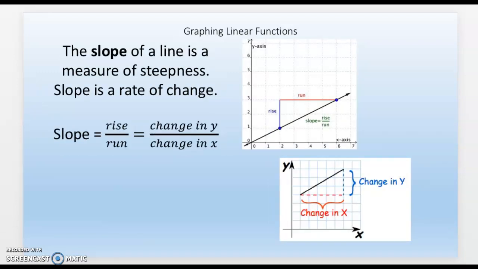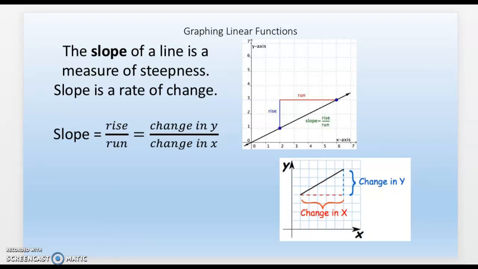Slope, in case you don't quite remember what it is, is a very, very important concept in math, because it's a rate of change. It measures the steepness of the line, how steep it is when we graph it.